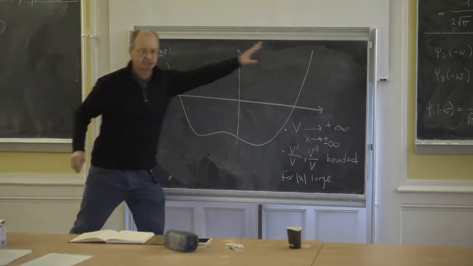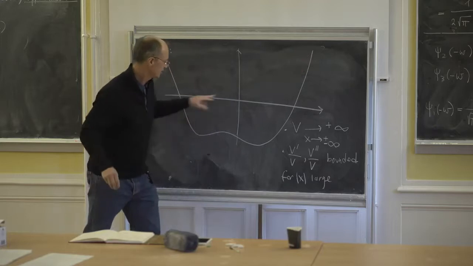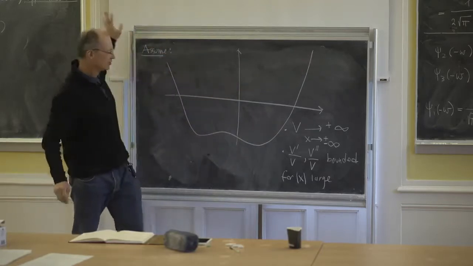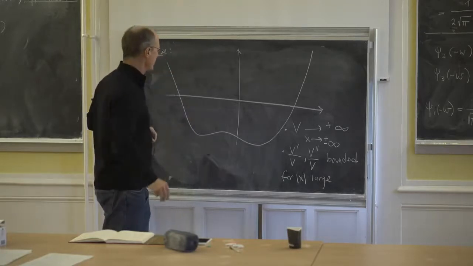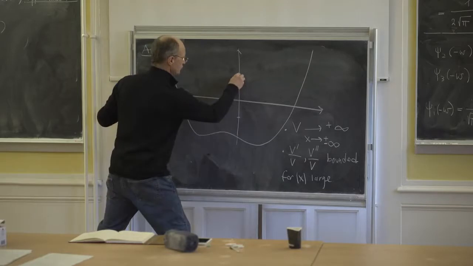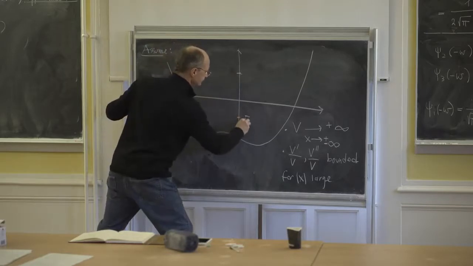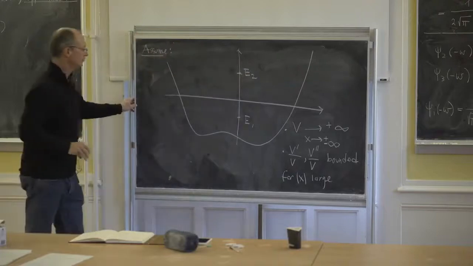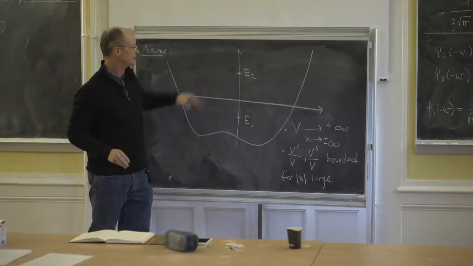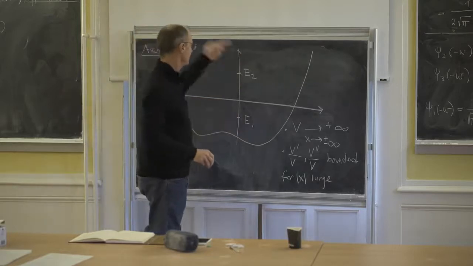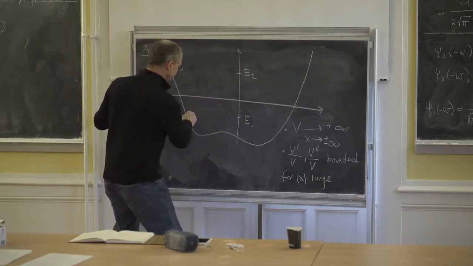So somewhere out there, of course, here maybe it's difficult to arrange, maybe V is 0 somewhere, but we go far away. Next, maybe even more importantly, we choose some range of energies between, say, E1 and E2.